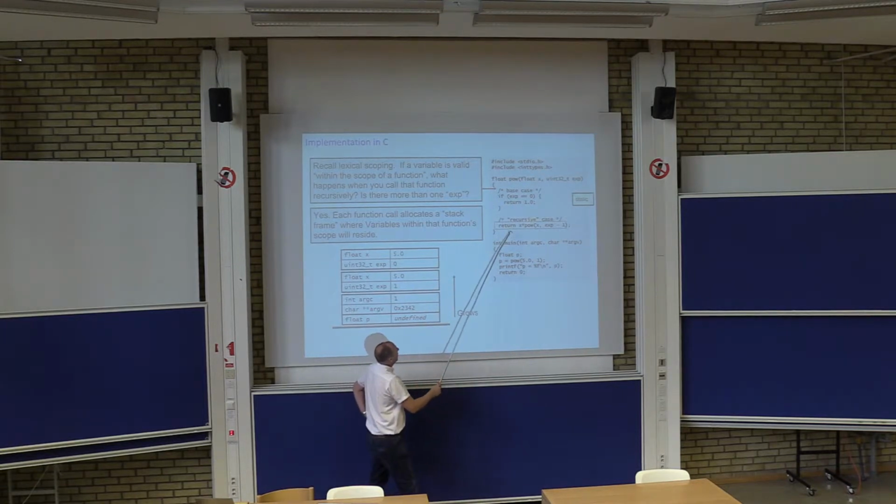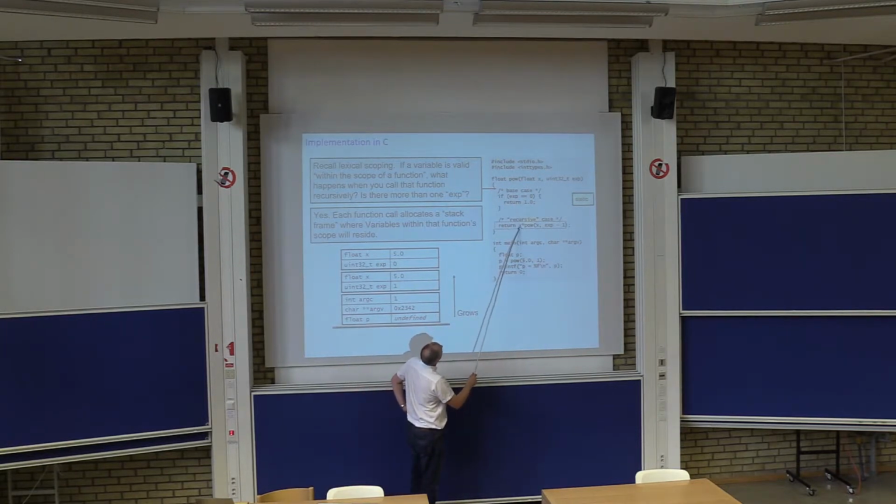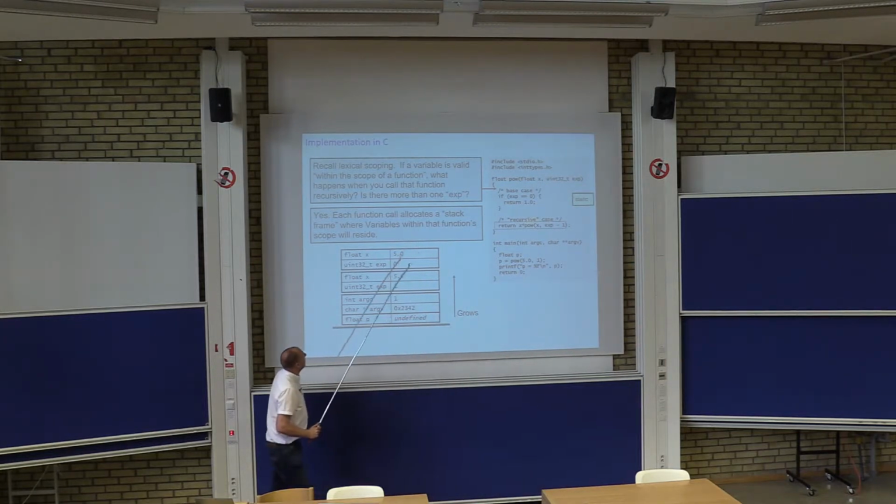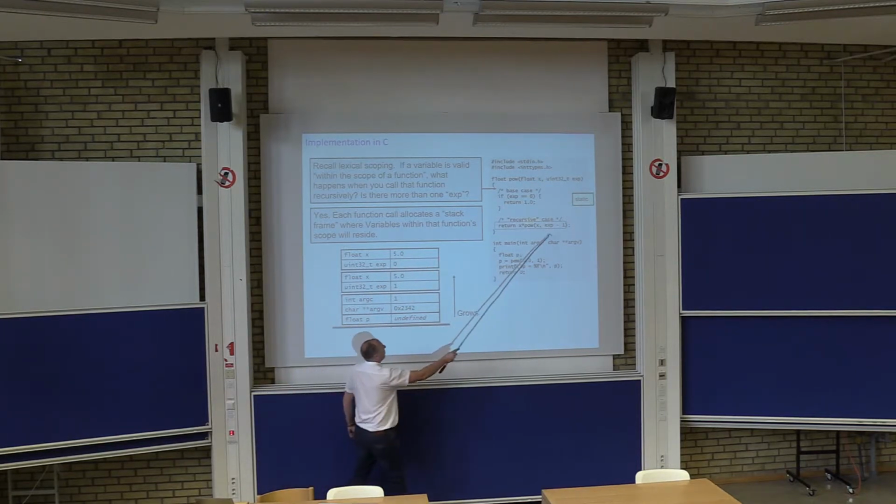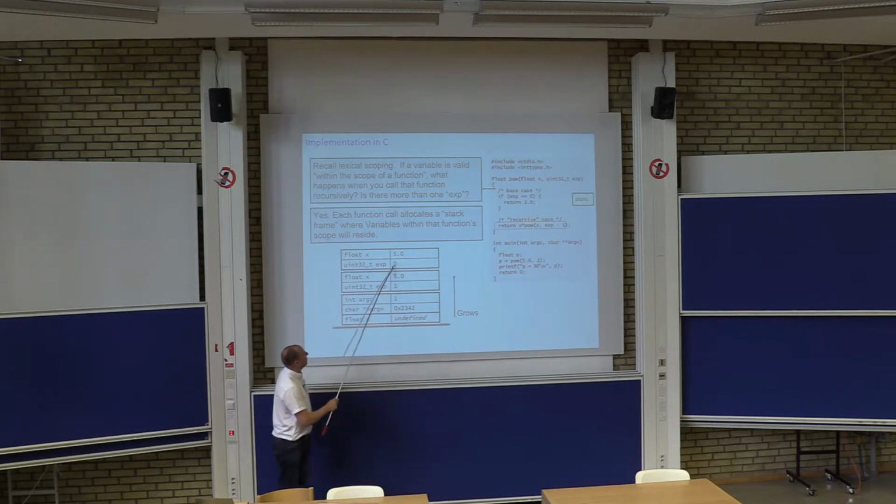Or it will return something, the argument x times, and then it will call the same function again, but now with different arguments. So it will decrease the exponent by 1. Initially the exponent was 1, and now it will call pow again with the exponent decreased by 1, so the next time it will be 0.